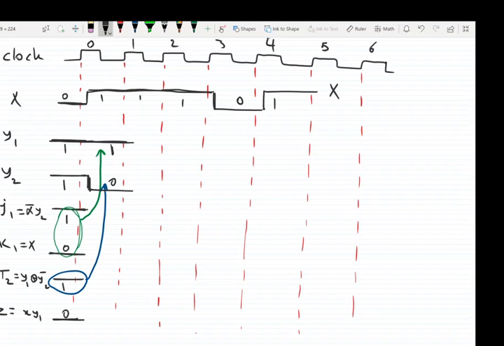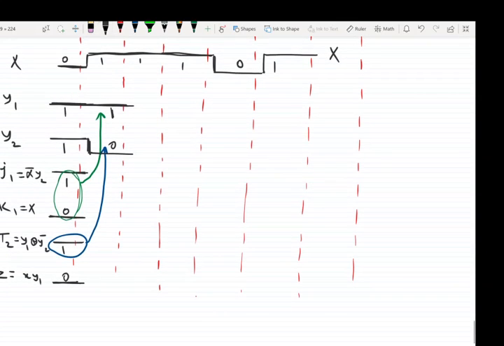Now that we have the new Y1 and Y2 states, we can determine the updated values for J1, K1, T2, and Z. What about J1? J1 is X bar. X is 1 at this moment. Of course, X bar is 0, so J will be changed to 0. What about K? K is 1.